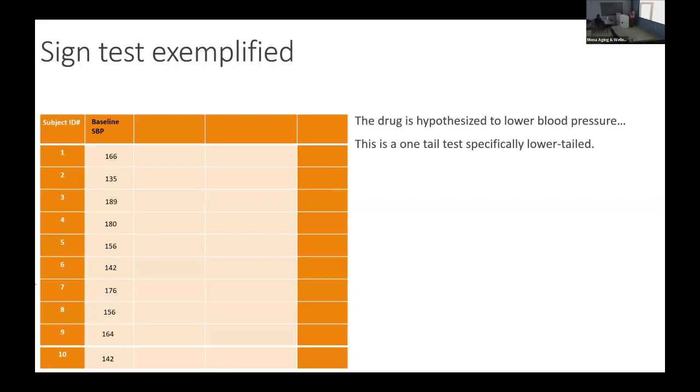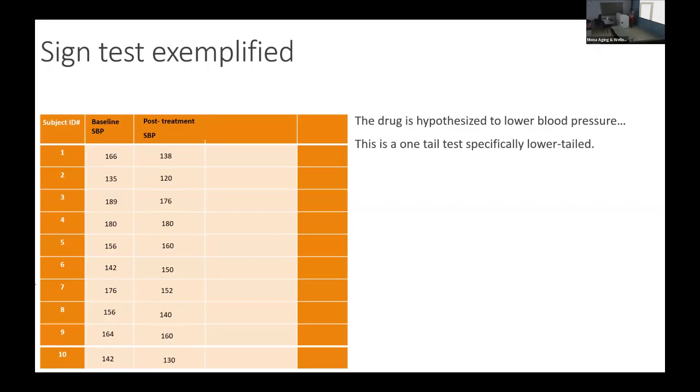So the baseline systolic blood pressure is here. For subject 1, that person's baseline systolic blood pressure is 166. Number 2, 135. Number 3, 189. Number 4, 180, and so on. And then we administer the drug and we determine their systolic blood pressure again.